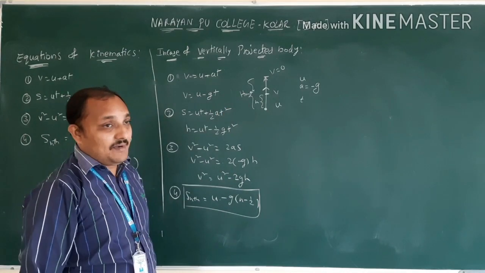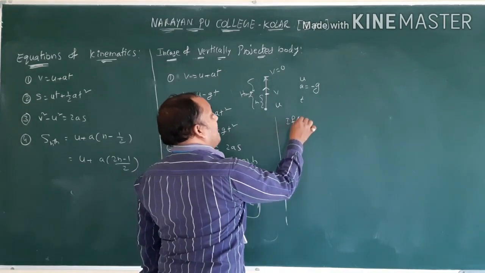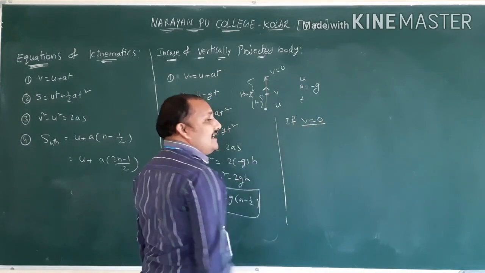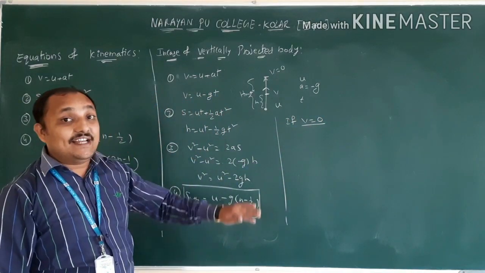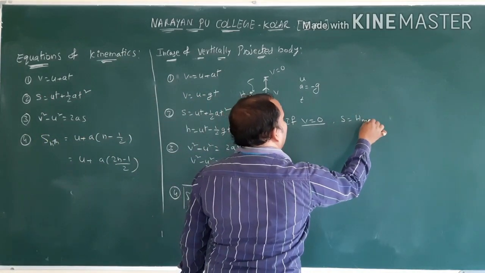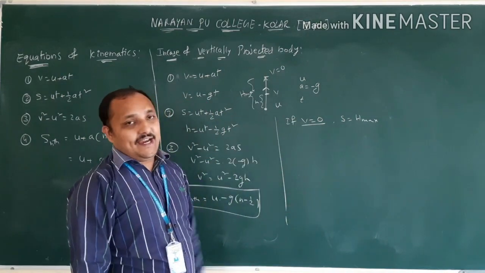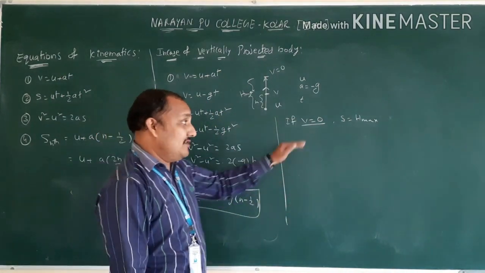What is the maximum height? We can find it by using these formulas. If v is equal to 0, meaning final velocity is 0, then the distance it is traveling is the maximum height. So we can find the maximum height, and we will see now by using which equation.